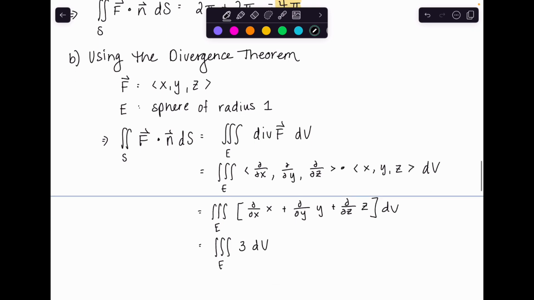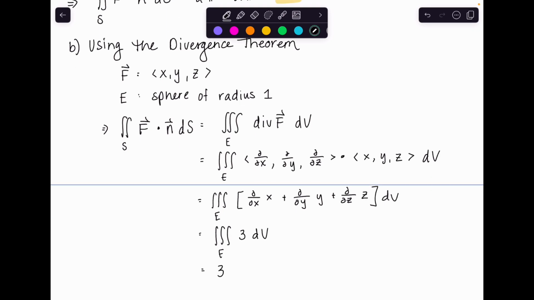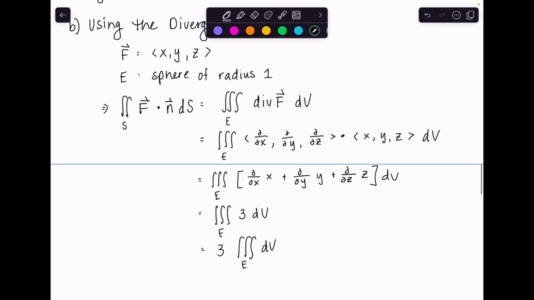Well, if you pop that 3 out, what you're left with is the triple integral over E with 1 on the inside. And so remember, if you have a 1 inside of a triple integral, all that means is find the volume of E. And it's a sphere, so we have formulas for that.